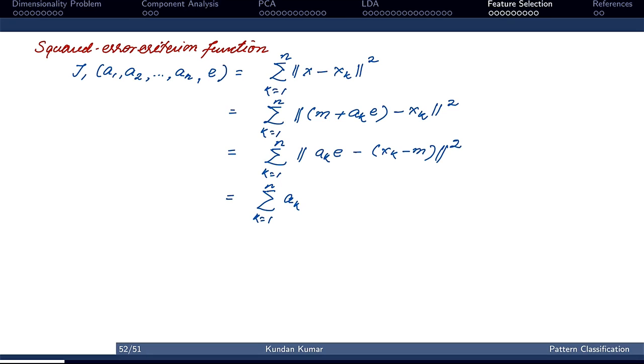So ak squared, norm of e squared, minus 2 ak e transpose (xk minus m).